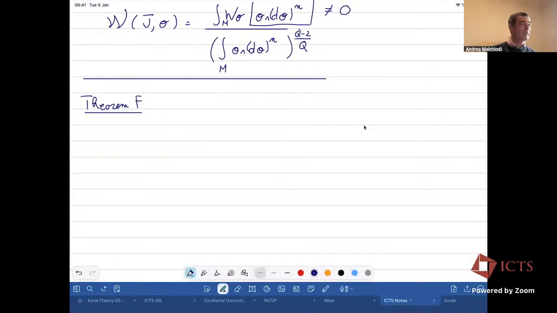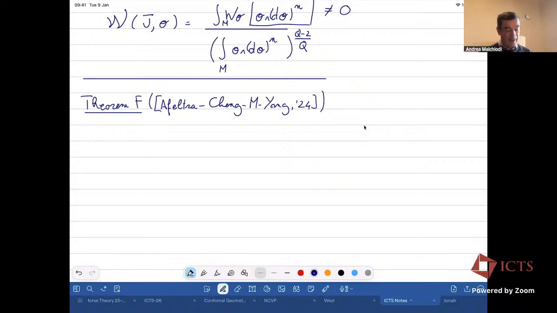Now, in CR dimension 3, we're going to see again a difference. This is a paper from joint work with Claudia Feltra, a former student of mine, Cheng, myself, and Yang, 24, at the round sphere of dimension 2n+1, theta_0.